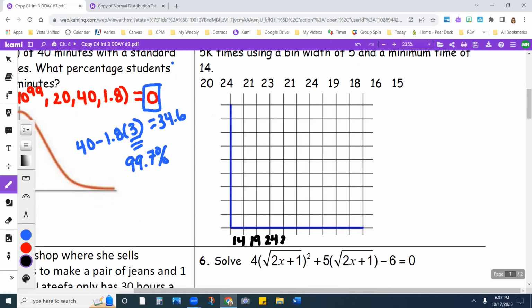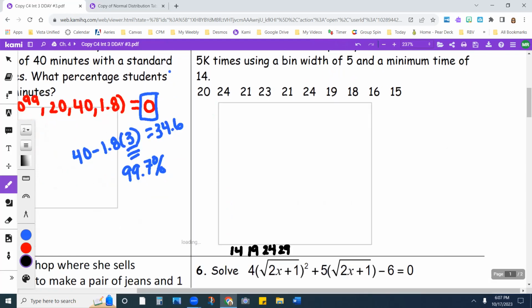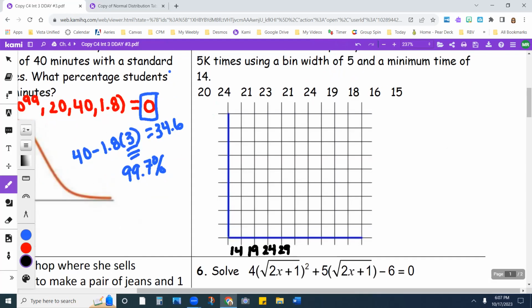I add 5, that's 29. I think at this point I already have all the data. So my intervals are going to be from 14 to 19, from 19 to 24, from 24 to 29.